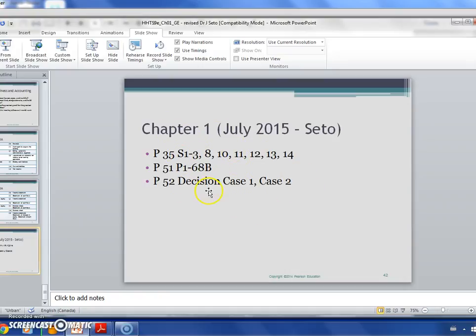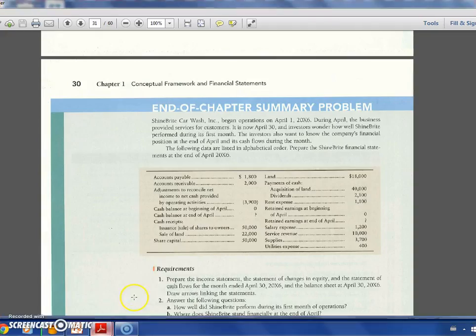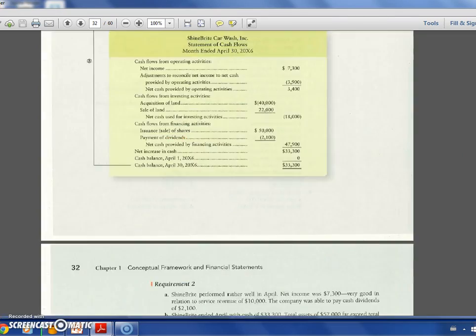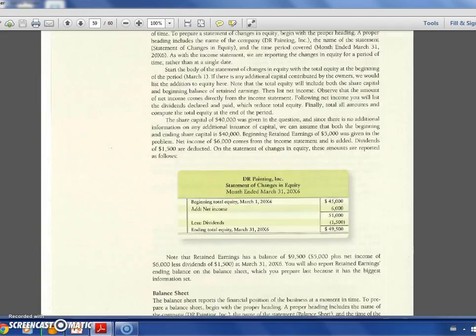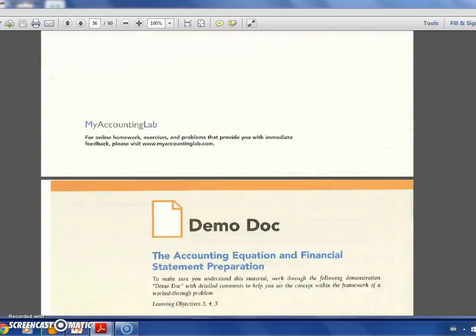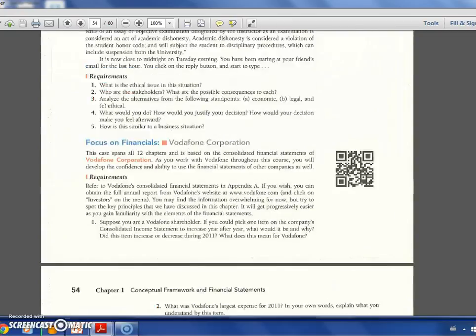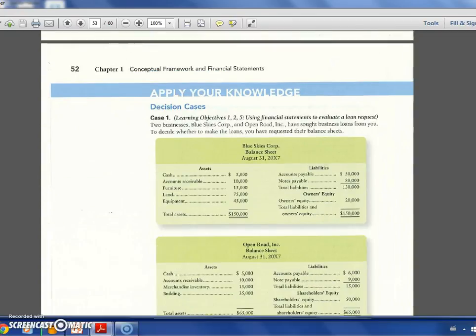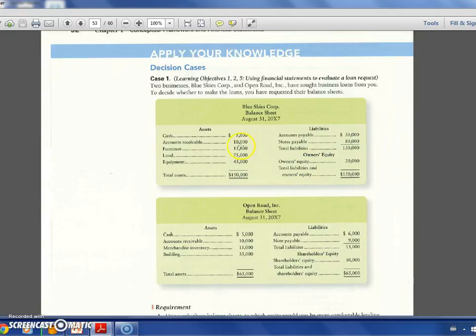But I think it's fair to give us these to work on. And they're in your text. Let me just pull that up. So, for example, the last two on page 52, they're very short. Apply your knowledge.